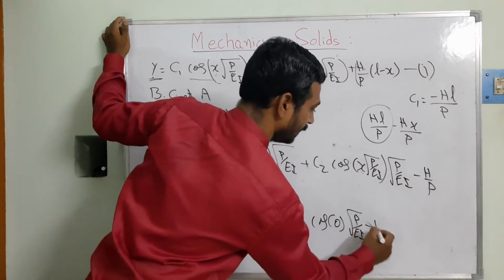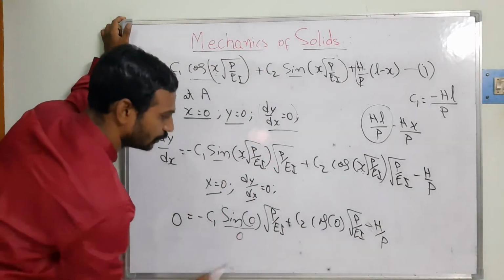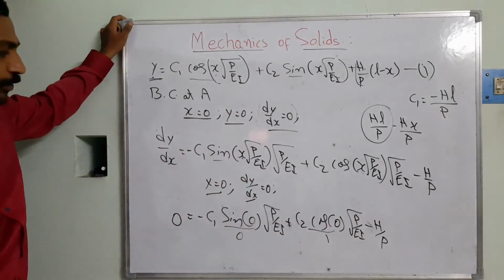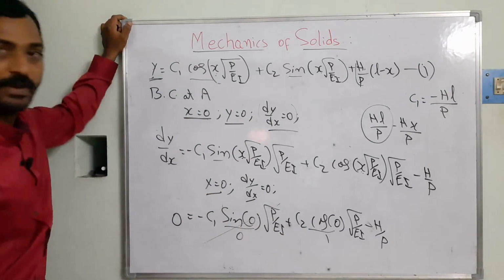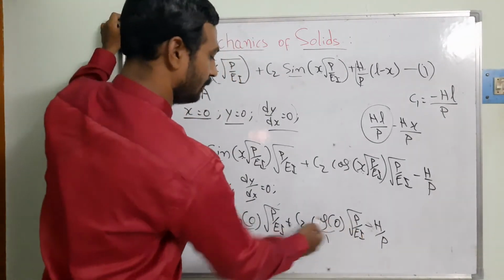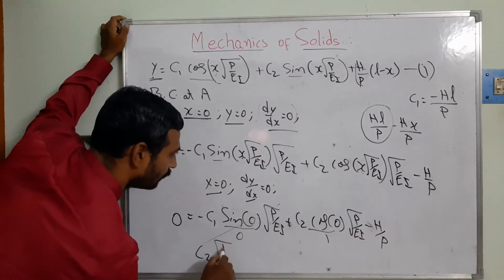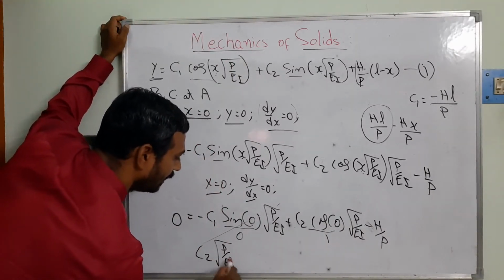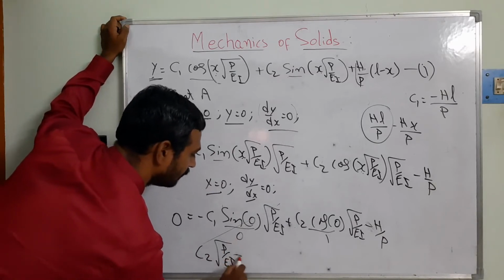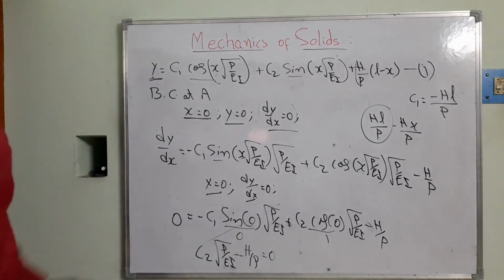minus h by P, we got it. So then sine 0 is equal to 0, cos 0 is equal to 1. So this parameter is going to vanish, and it only exists here, that's C2 square root of P by EI minus h by P is equal to 0.